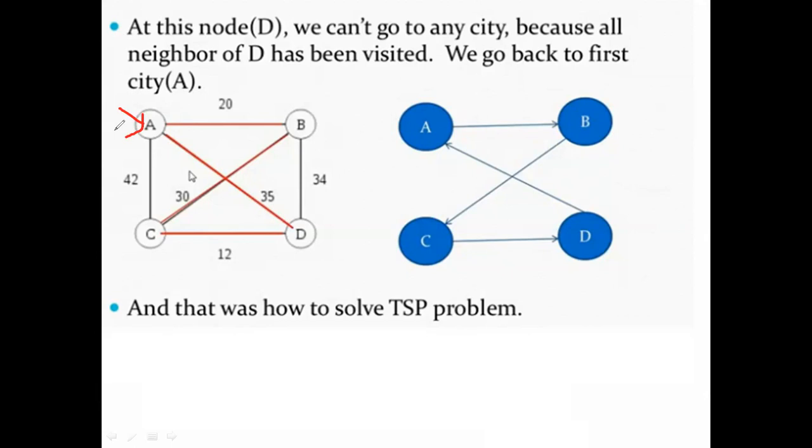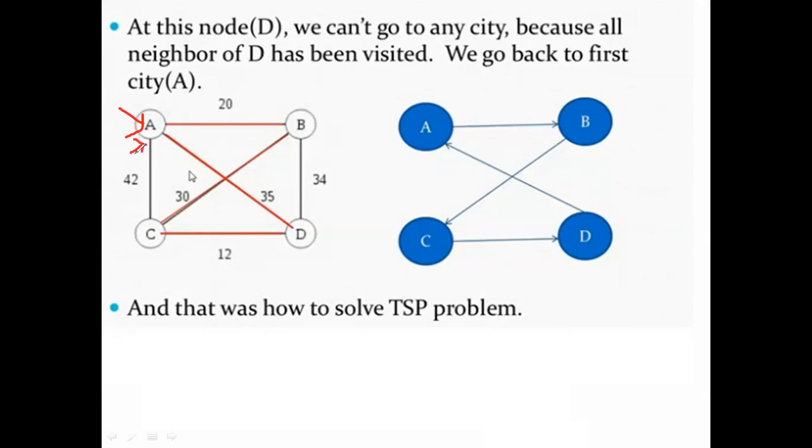Visit all the nodes exactly once. Okay, only one time you visit all the nodes. And finally, after visiting all the nodes, again you have to reach the same source place. That is A only. That is the problem.